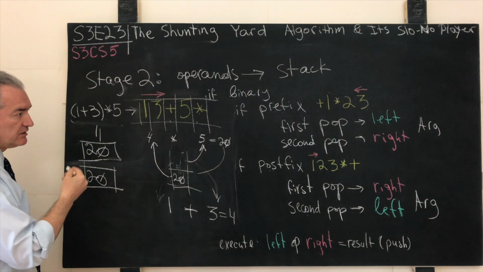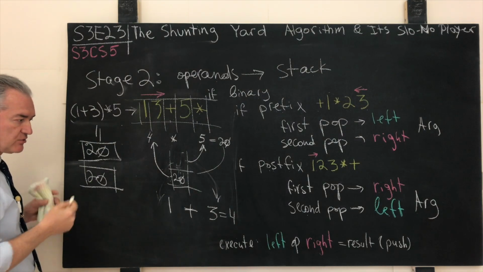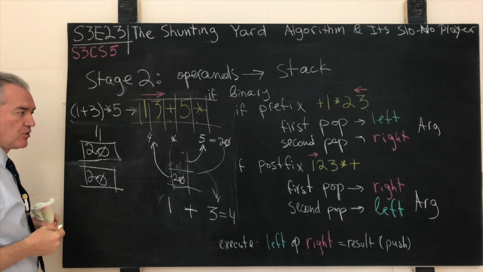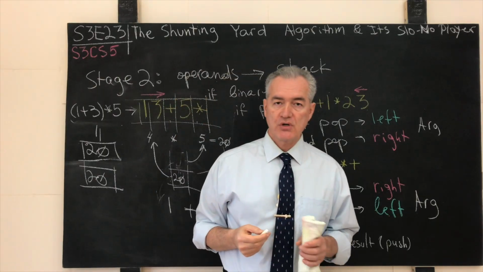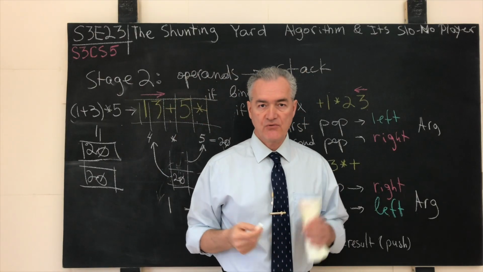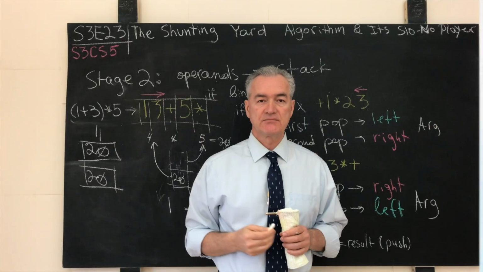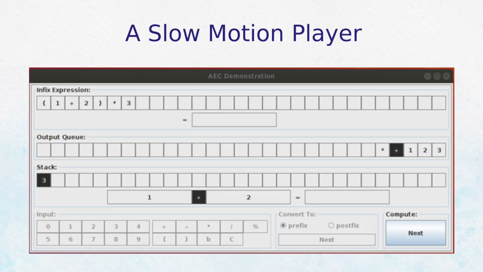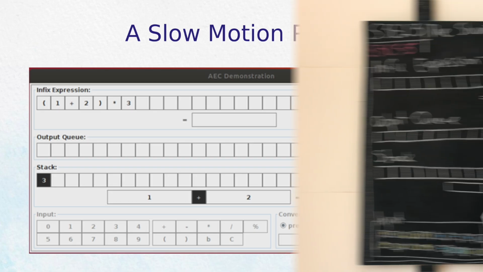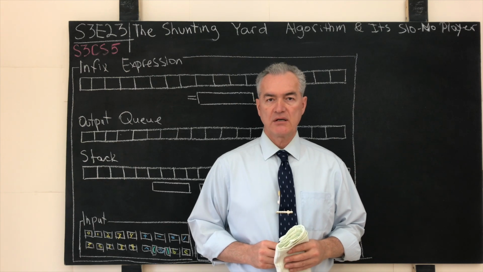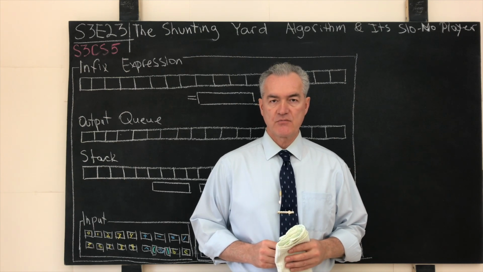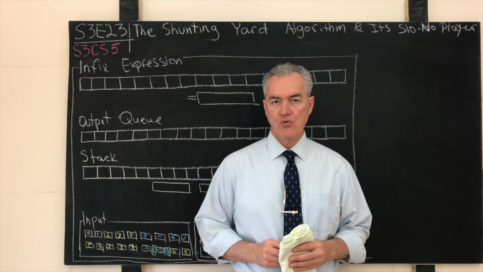And now that we more or less understand how the Shunting Yard algorithm works, we can discuss its animation or a visualization, which I refer to as a slow motion player. As I mentioned earlier, I see at least 2 reasons why a computer science algorithm should be animated and or visualized.